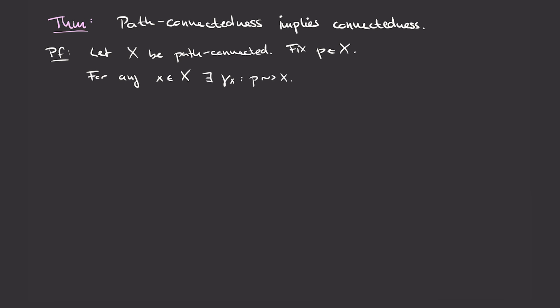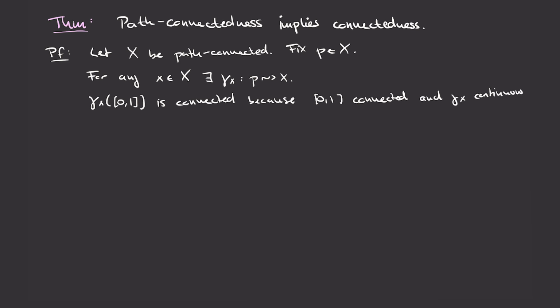Moreover, if we look at the image of the unit interval under this path, so we're just looking at the path sitting inside the space X, this is connected because on the one hand, the unit interval is connected, as we saw in the previous video, and because gamma x is continuous. And we know that the continuous image of connected spaces is again connected.